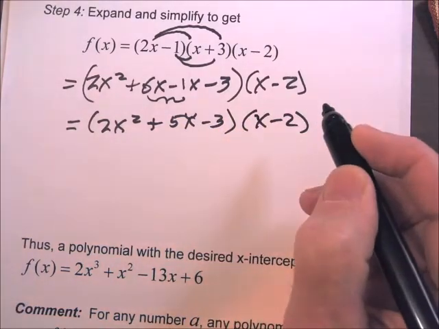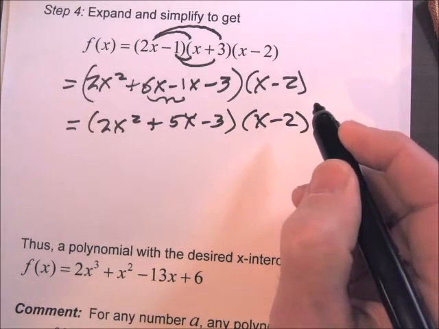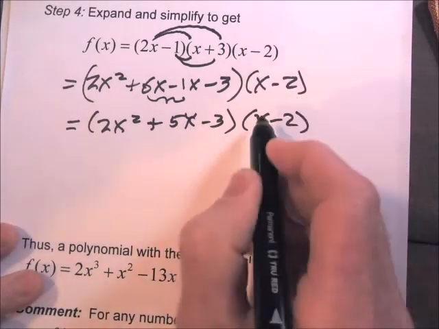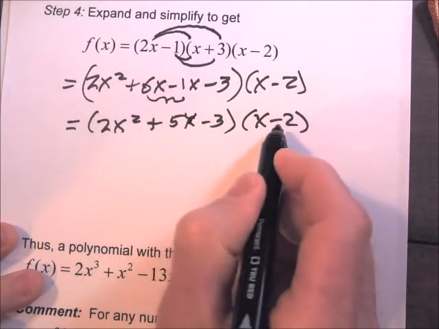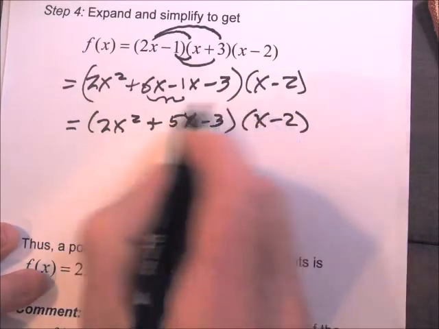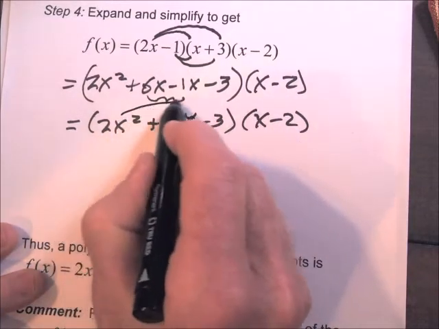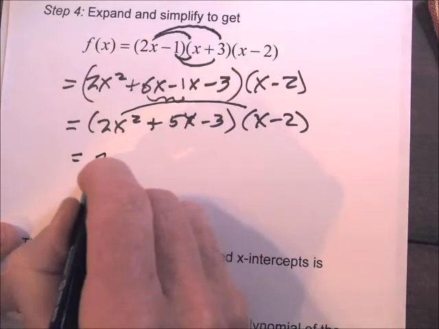Okay, so I multiplied the first two factors, and we still have to multiply by x minus 2, the last factor. We can distribute the x to all three terms and distribute the minus 2 to all three terms. So it's 2x squared times x is 2x to the third power.